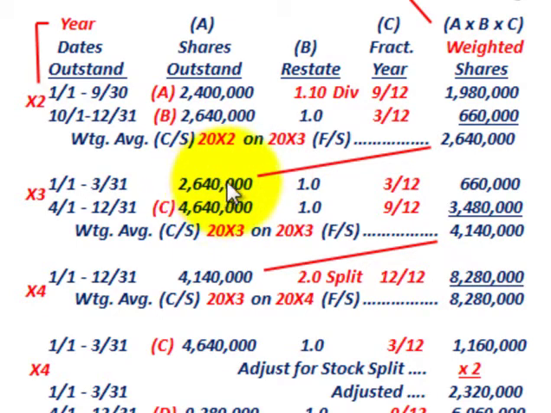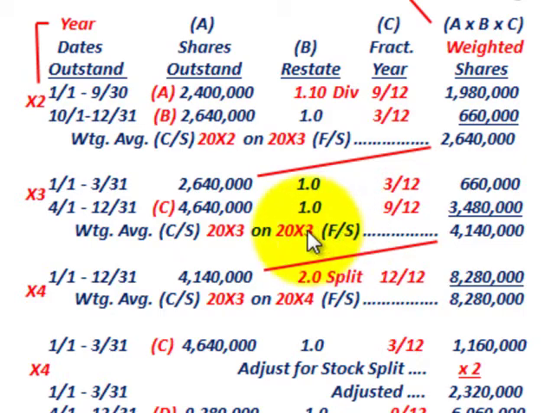When you start out, that first 3-month period comes in from the previous year's weighted average. So for the last 9 months, 9/12 times what we have after that stock issue equals 3,480,000 shares.